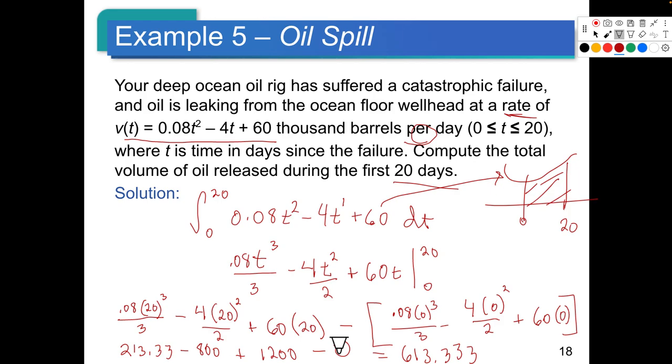There is also, see, this calculator will do it. Let me show you. 0.08 x squared minus 4x plus 60. Oops. Squared minus 4x plus 60. And let's see, I'm going to just set up my window to go from 0 to 25.